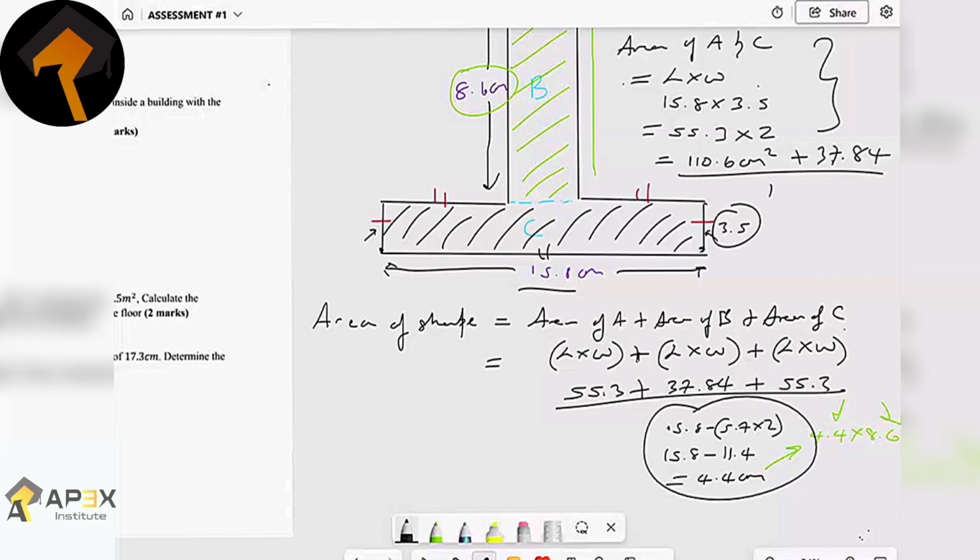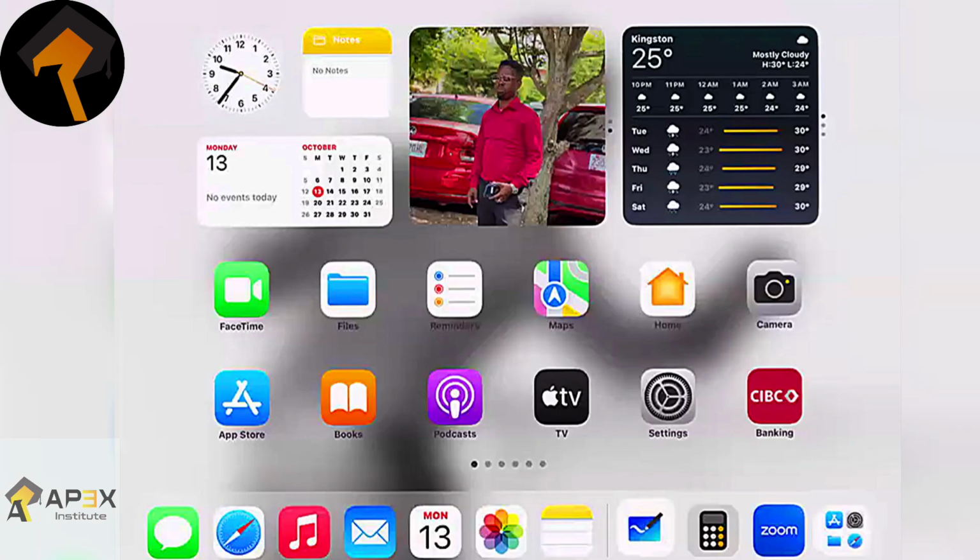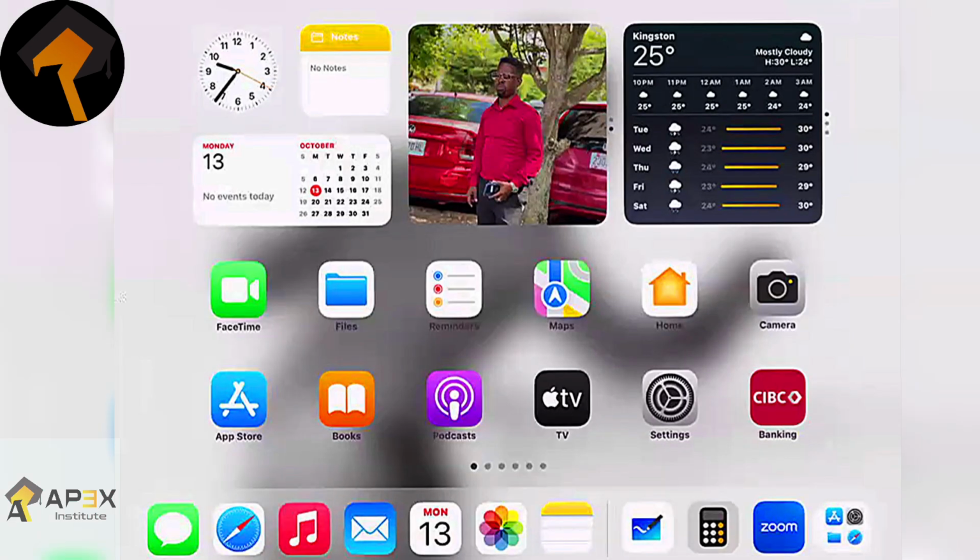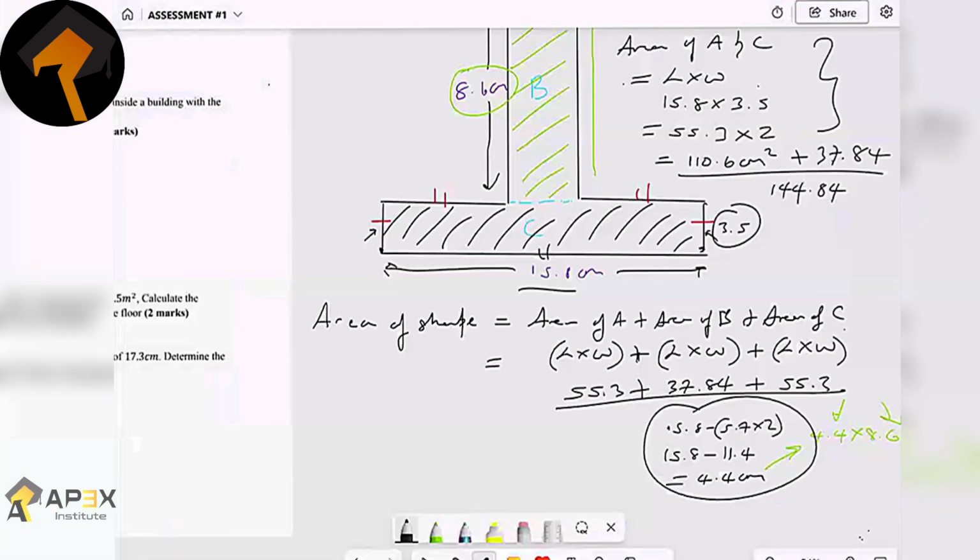So the final answer for the area is 148.44. Let's double check that. It's 0.44, not 84. My bad.